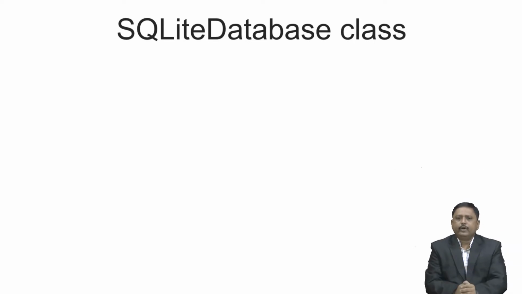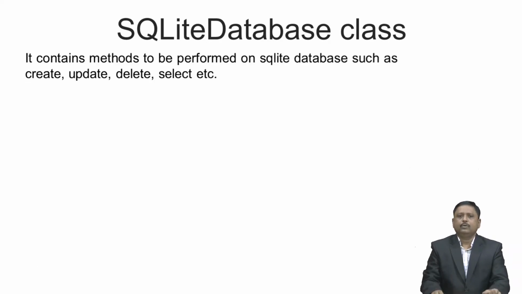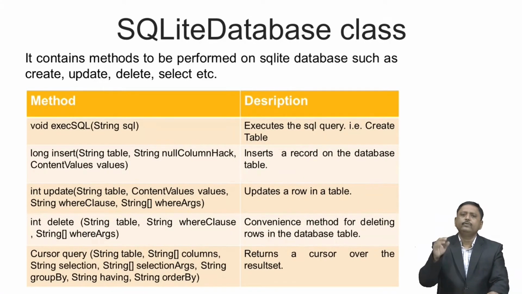Another very important class is the SQLiteDatabase class. So, it contains methods to be performed on the SQLite database such as create, update, delete, select, etc. So, all kinds of basic operations we can perform using this class.